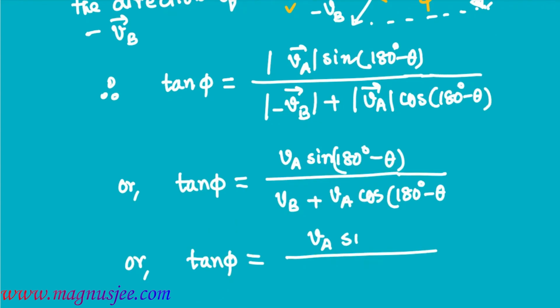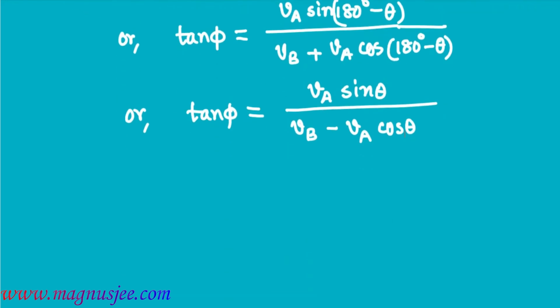So we get the expression of tan phi as VA sin theta divided by VB minus VA cos theta. Cos 180 degree minus theta is minus cos theta, that's why in the denominator we get VB minus VA cos theta.